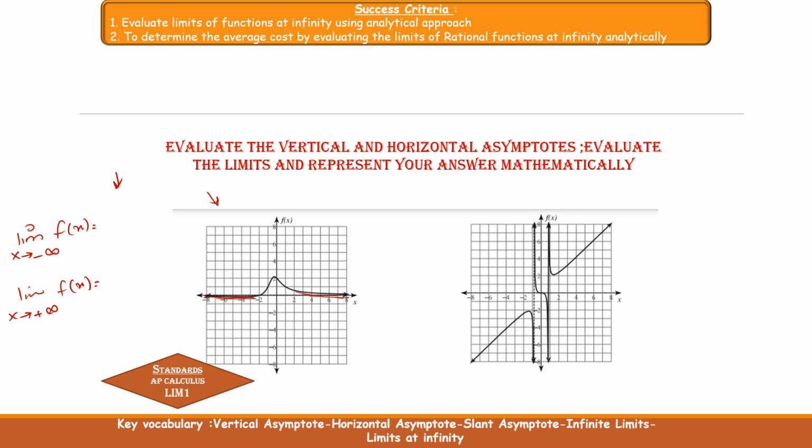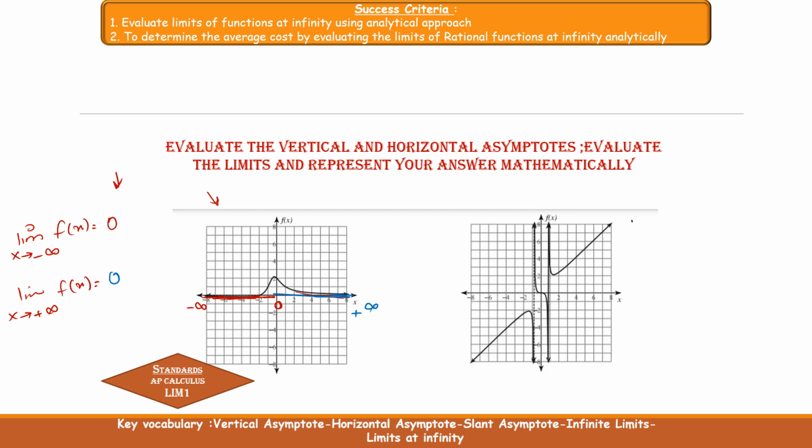So when x is approaching negative infinity, what is the y value? That means here it is 0. Now from the right side, when x is approaching positive infinity, again the value is equal to 0. Here in the first graph, we can't see any kind of vertical asymptote, so no need to write anything.